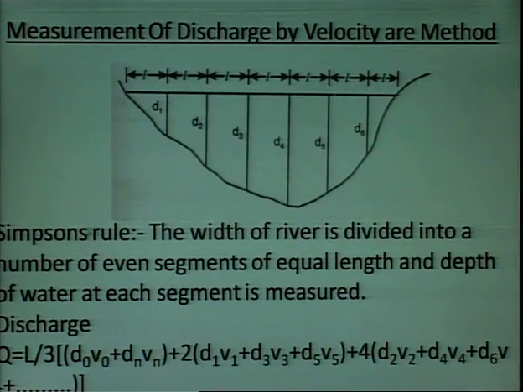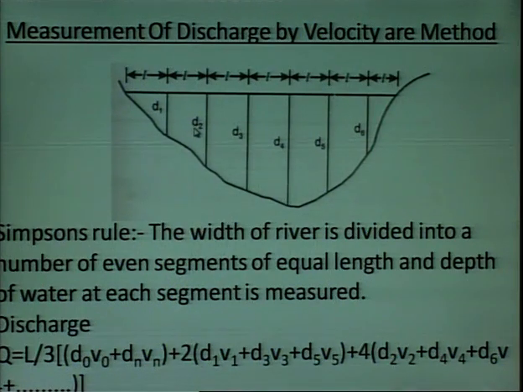So in Simpson's formula, the width of the river is divided into a number of even segments of equal length. This is for equal length. Then we note its depth and its velocity in the segment.